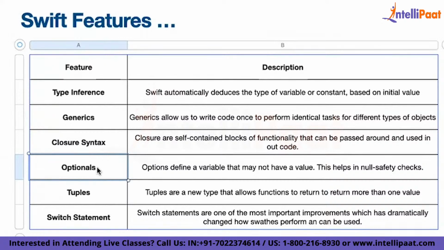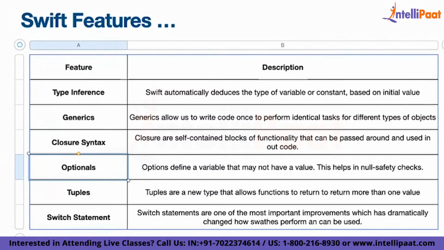And if the value might be empty, it is the developer's job to make sure to open that empty box in such a way that we don't get null pointer exception. Optionals help you in null pointer exception safety. It's up to you how you handle the null pointer. It may have data, it may not have data. So you have to handle the data properly, right?